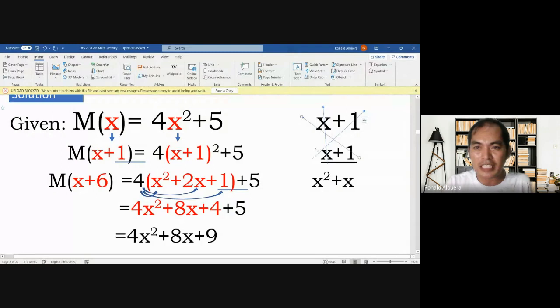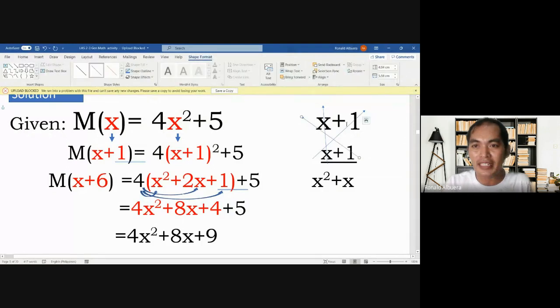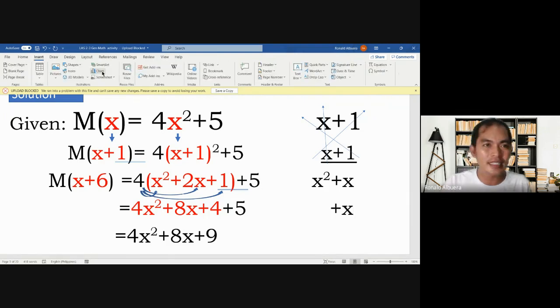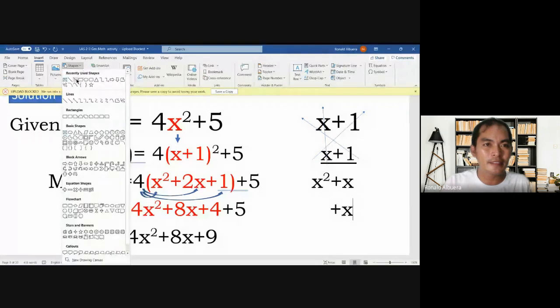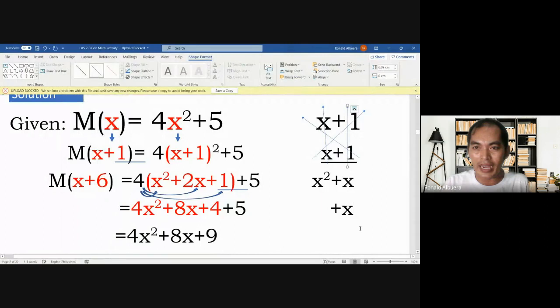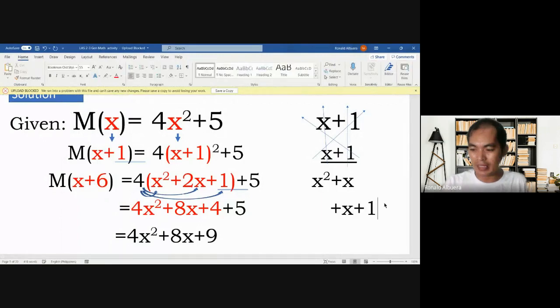Na-distribute mo na lahat itong first term sa baba to all the terms sa multiplicand. So, the second term naman ng multiplier to all the terms. So, positive 1 times x is positive x. So, you align the common. And then the last, we have this positive 1 times positive 1. So, we have positive 1.